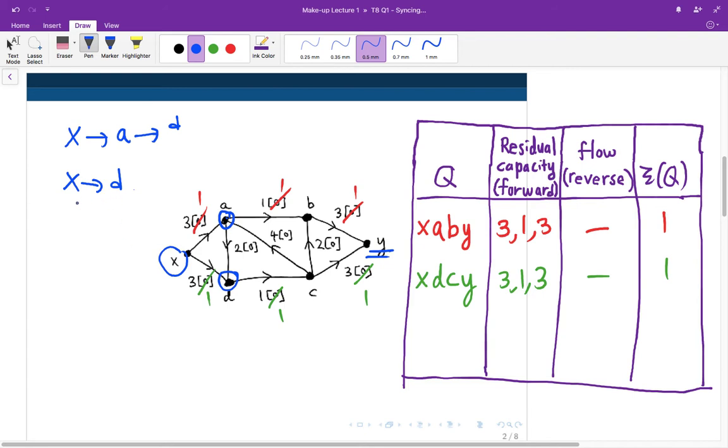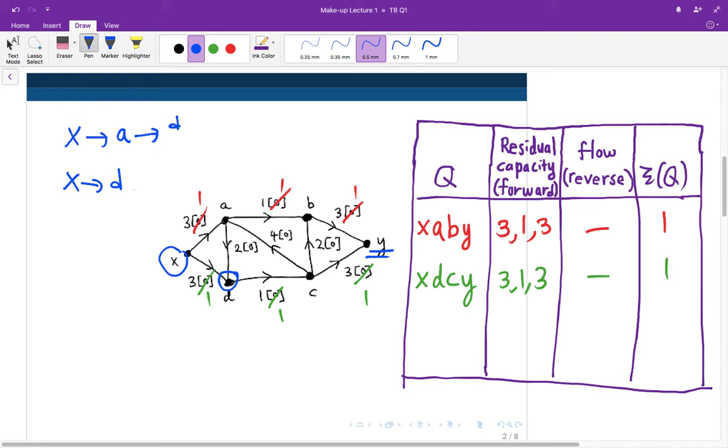What about going from X to D in the second case? Well, if that is the case, then as before, we can't go further down the arc from D to C because the arc has been saturated. Also, we can't go from D to A. You see, if we want to go from D to A, this will be a reverse arc.